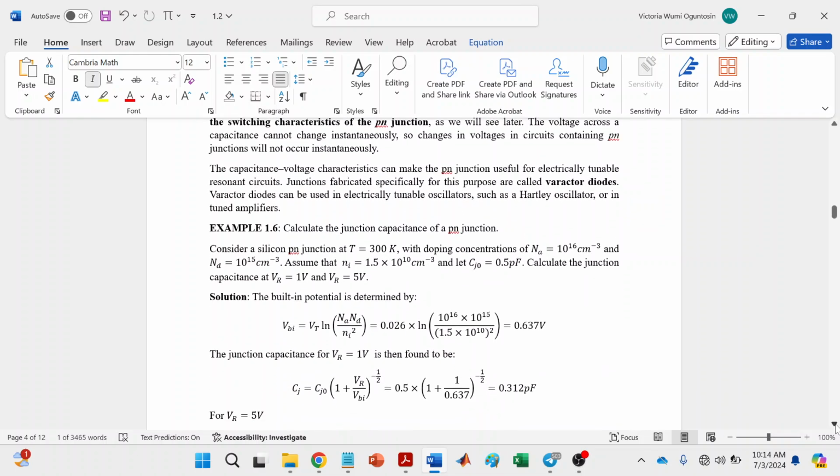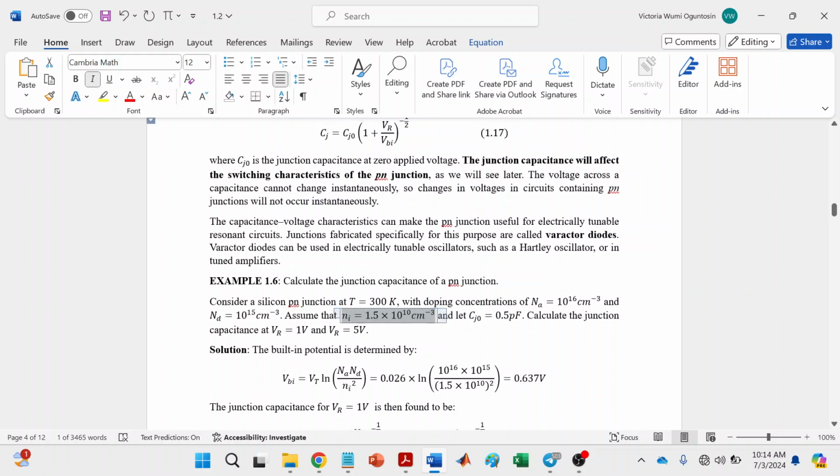So we want to calculate the junction capacitance of a PN junction, given the temperature, the acceptor doping concentration and the donor doping concentration, the intrinsic carrier concentration, and the CJO, which is the junction capacitance at zero applied voltage.